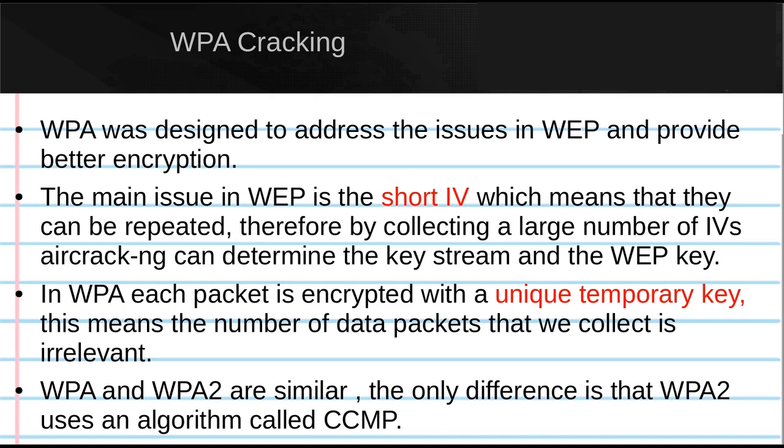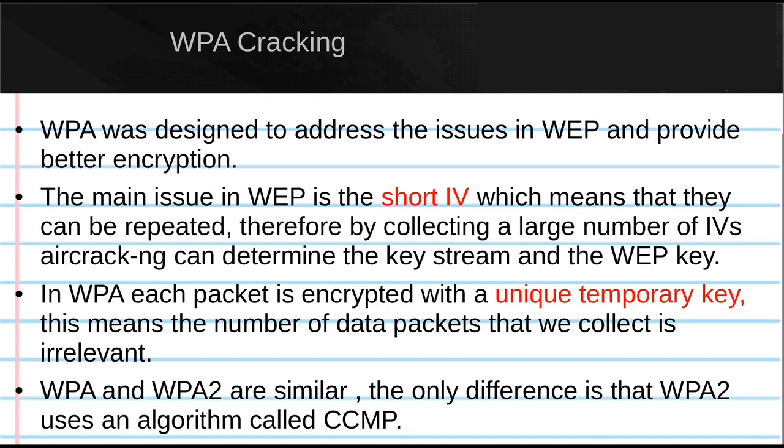This encryption was designed after WEP, and it was designed to address all the issues that made WEP so easy to crack. The main issue with WEP was the short initialization vector, which is sent as plain text in each packet.